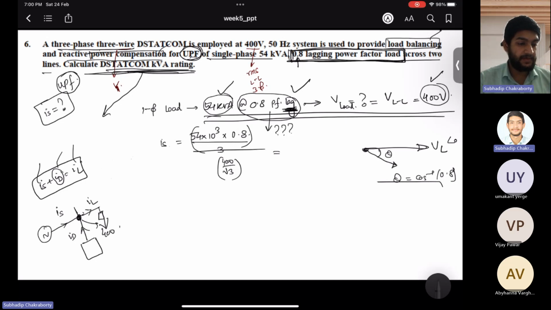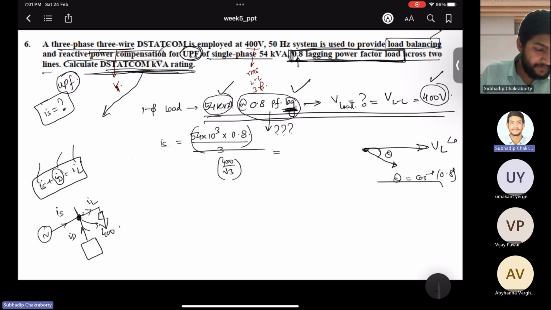Divided by 400 by root 3, it is coming 62.35, right?